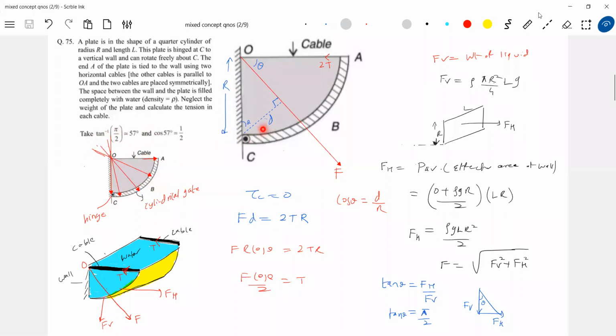The force exerted by liquid at any point should pass through the point O because it's a normal force. Can you work it out? I'll give this one: rho g R square by 8. I solved it and ended up with something like this. You have to cross verify it.